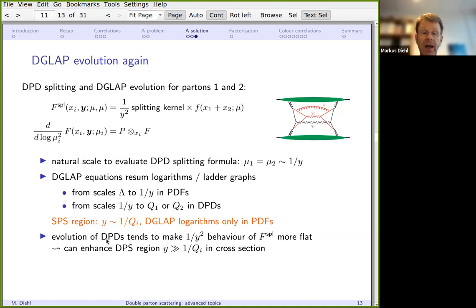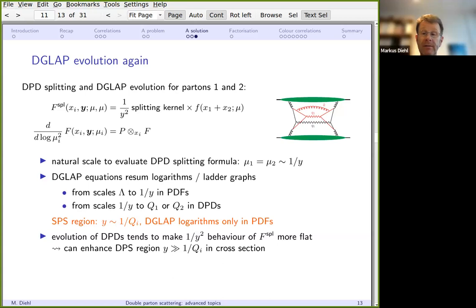And that enhances the region where DPS is an appropriate description of the physics. We've seen that in the numerical studies we've done, whereas naively you would expect that the splitting at small distances here should dominate. If you put in enough phase space for evolution, DPS can actually be enhanced quite a bit. And that's, of course, an interesting thing.